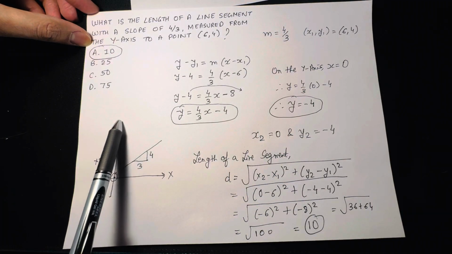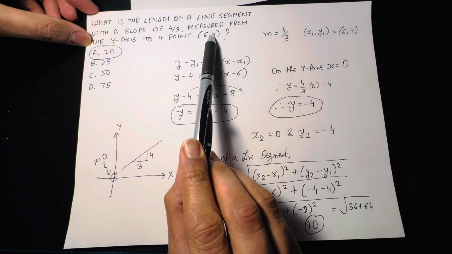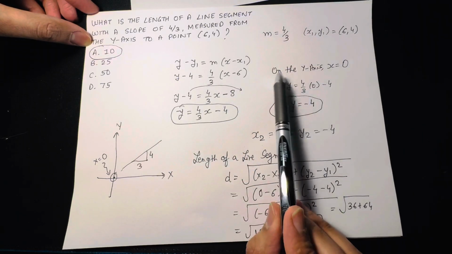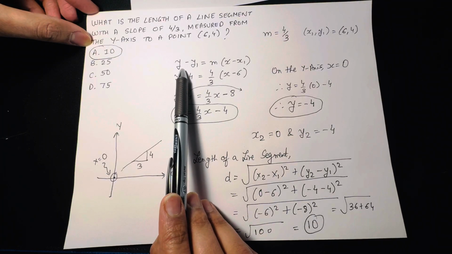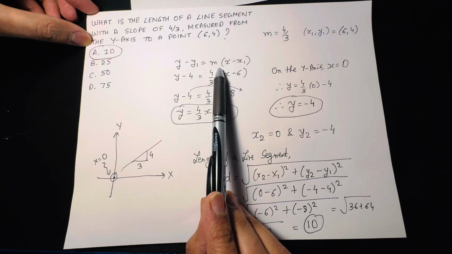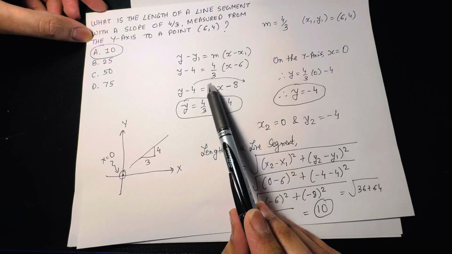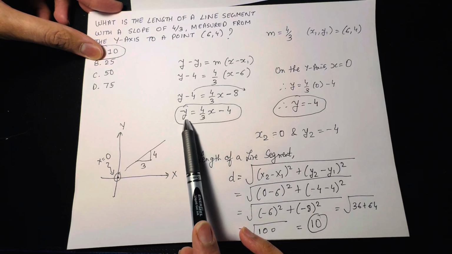Since it's measured from the y-axis, we have to take x is equal to 0 to the point (6, 4). So we used the equation of a line, y minus y1 is equal to m multiplied by (x minus x1). When we plugged in the values from the question, we got the equation of y.